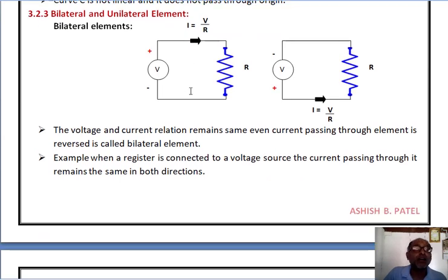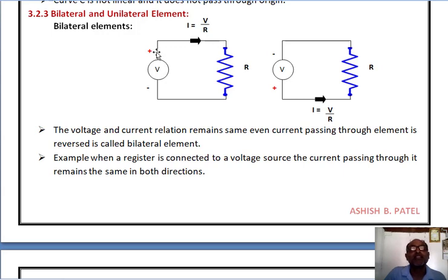Next, bilateral and unilateral. In this circuit we are connecting one resistance across this DC supply voltage. The current always flows from higher potential to lower potential.